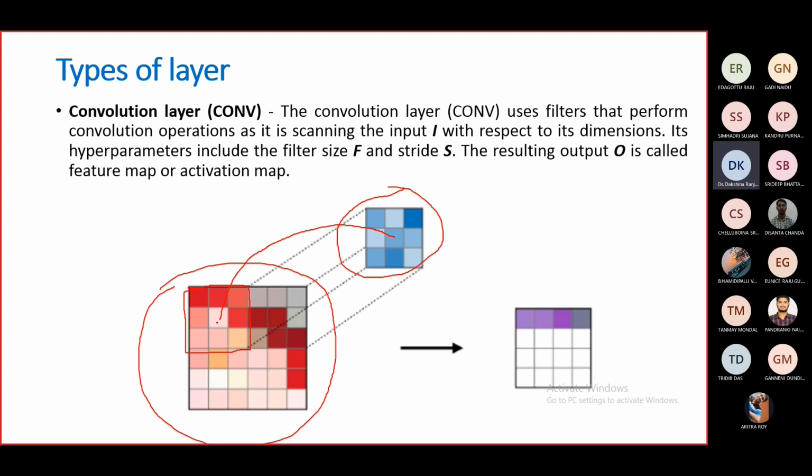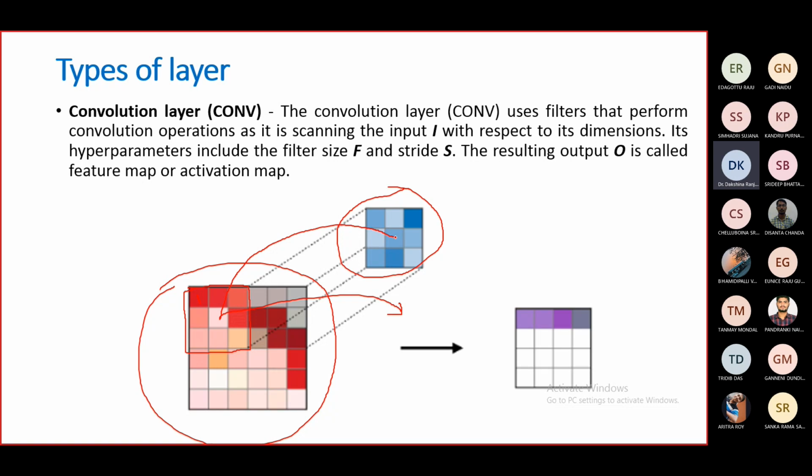And for this center pixel value, we will get a new pixel value, which is called the transform value, which is the newly detected feature. So we can start from this point.